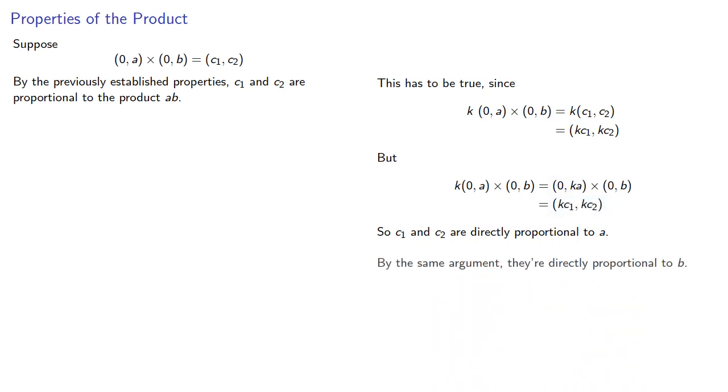And by the same argument, C1 and C2 are also directly proportional to B, and so they're proportional to the product of A and B. So that means we only have to worry about the product (0, 1) times (0, 1), and then everything else will be a scaling. So let's assume this is a couple (gamma 1, gamma 2).